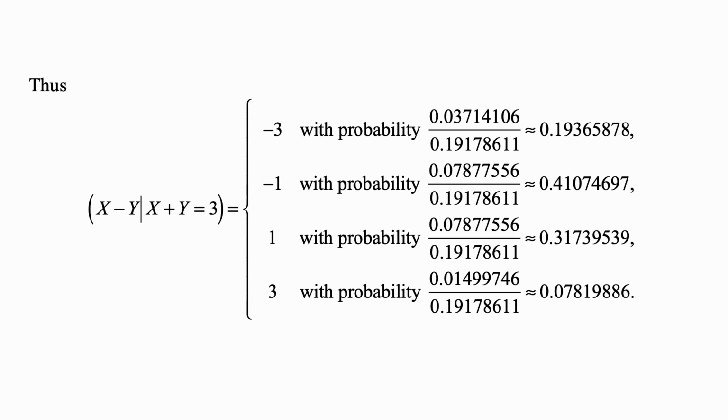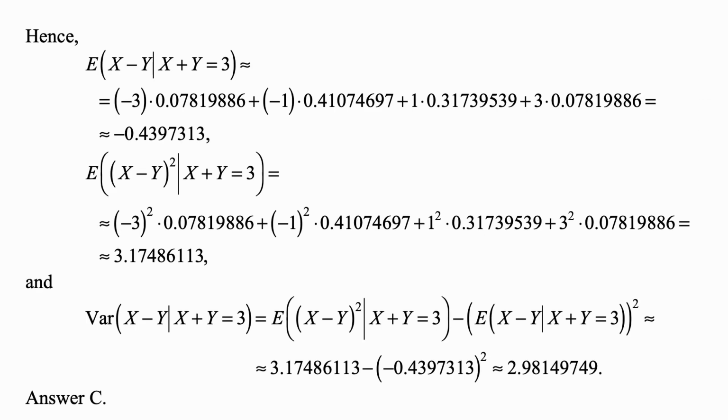So this is exactly what we get, that X minus Y given that X plus Y equals 3 is -3 with probability, which is the ratio I just described, and that's approximately 0.193658878, -1 with probability 0.41074697, 1 with probability 0.31739539, and 3 with probability 0.078198886.